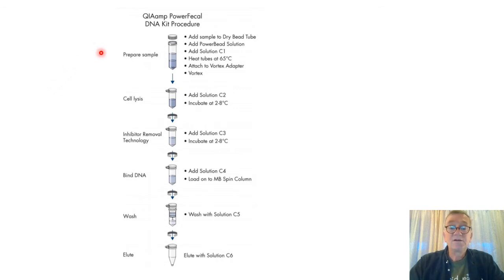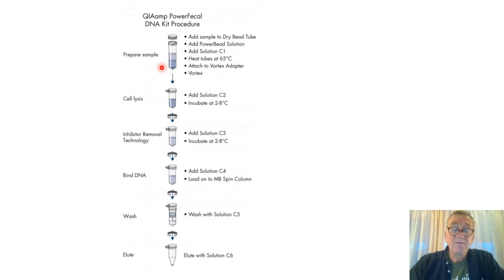You start the isolation by putting your sample into a tube which contains some dry beads. I will come back to that. In addition, you have some liquid, some solution that makes sure that the cells, the bacteria, will erupt, and that you will have your DNA out.